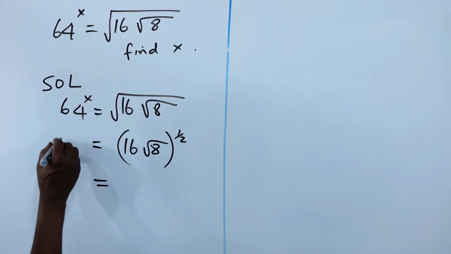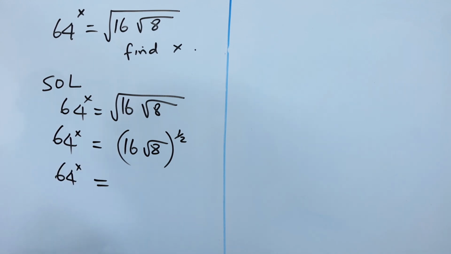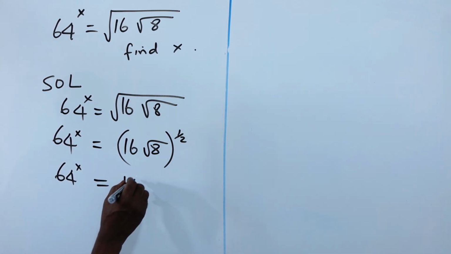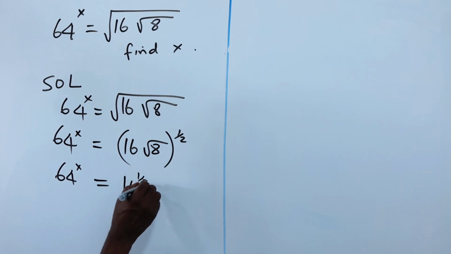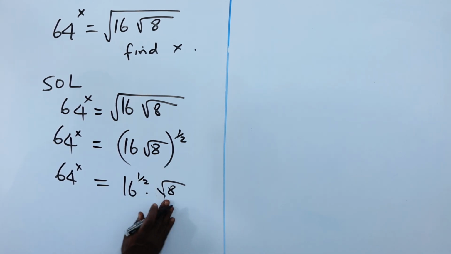This is 64 on the left hand side, power x. That means 64 raised to power x is equal to 16 raised to power half times square root of 8 raised to power half.